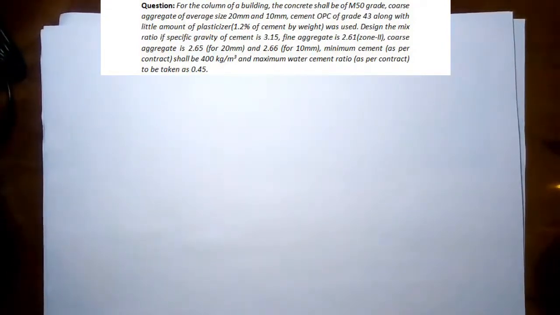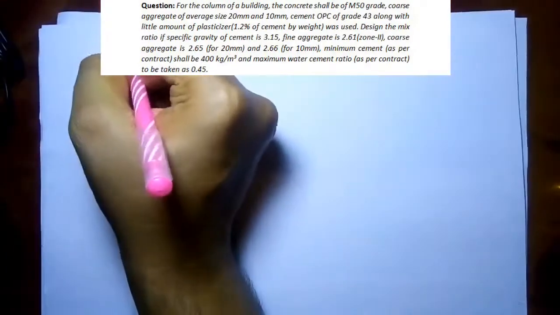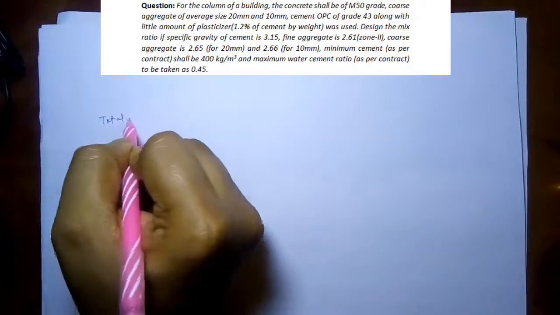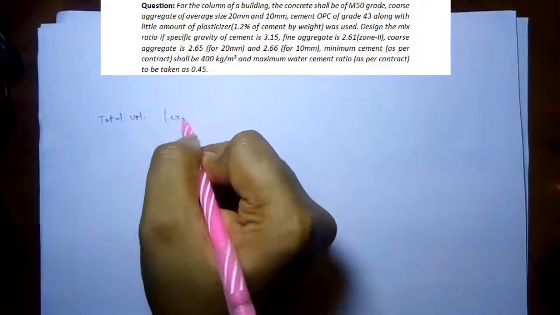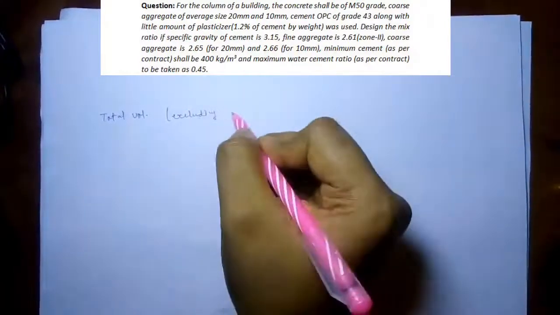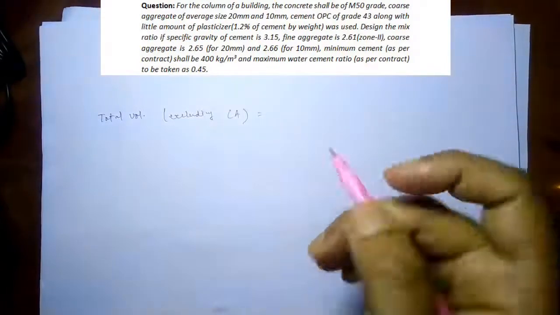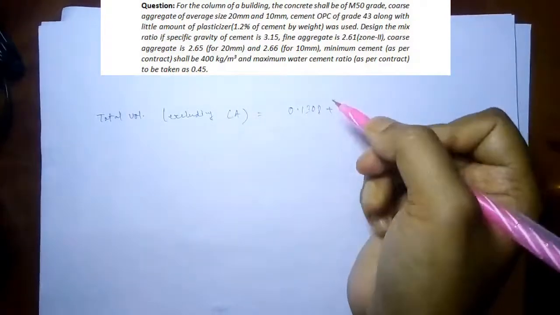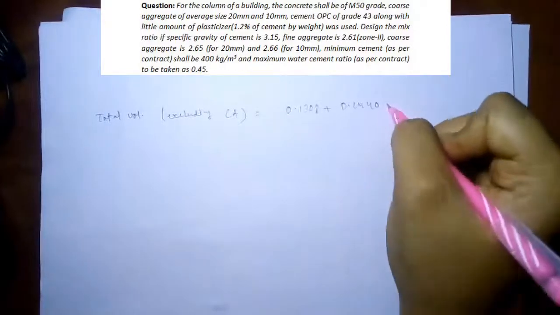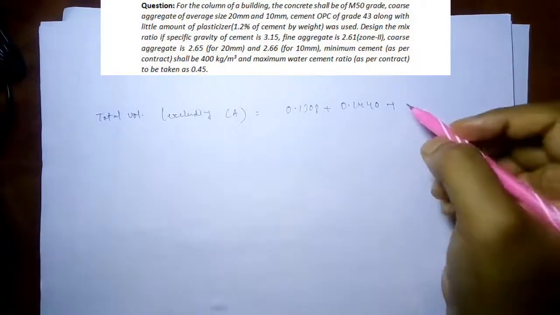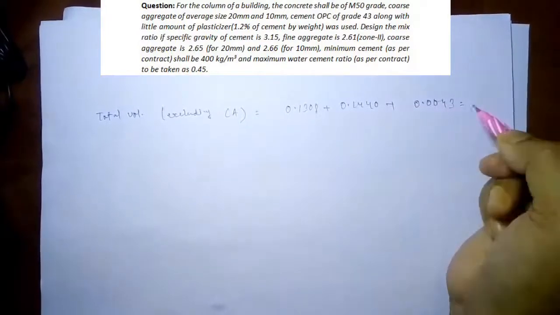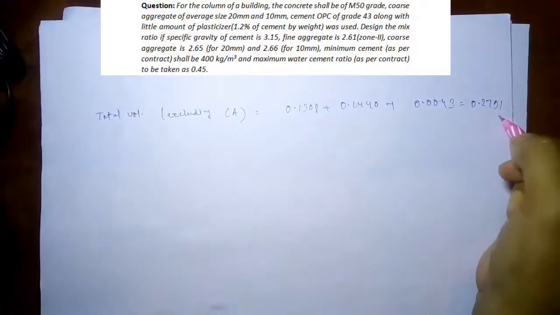In the next step, this step is continuing. So now the total volume, it's not total weight, actually it's total volume excluding coarse aggregate, CA means coarse aggregate, will be equal to 0.1308 plus 0.1440 plus 0.0043, and it is equal to 0.2791 meter cube.